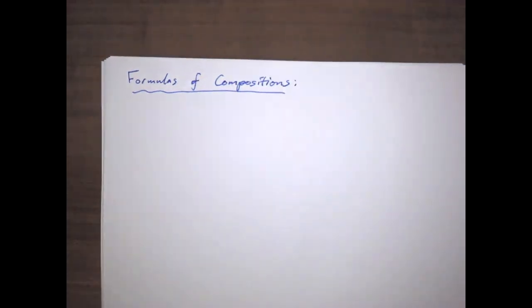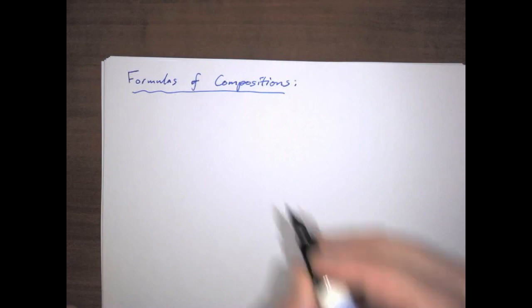All right, so for the formulas of compositions of functions, what we do is basically just take the whole formula for the inside function and put that in place of x in the outside function.